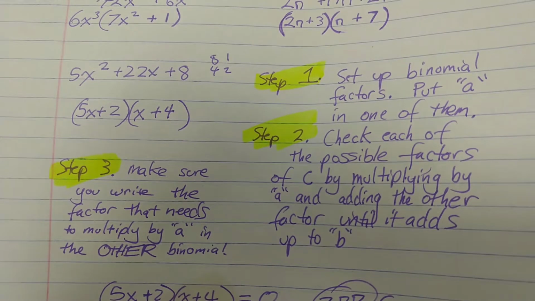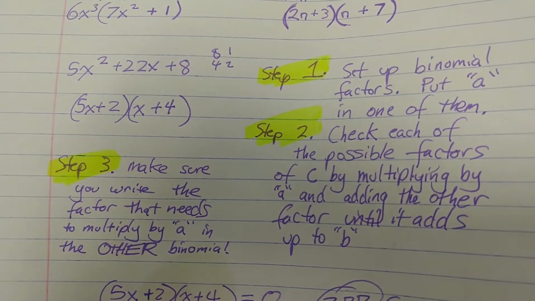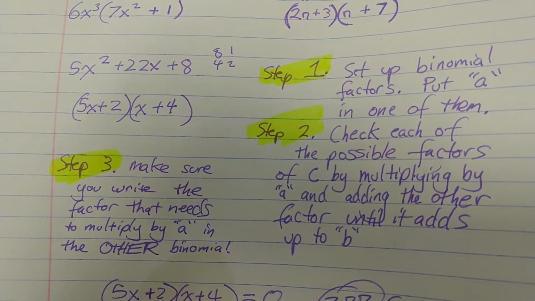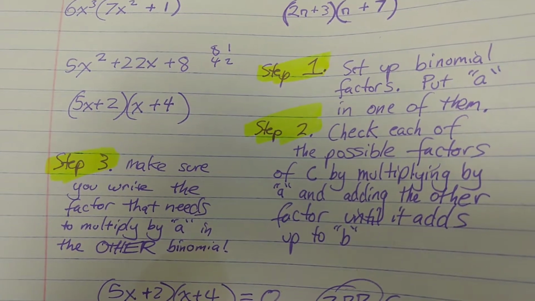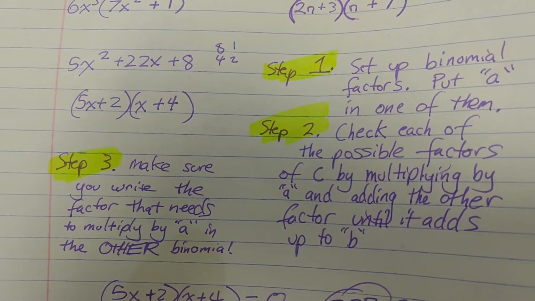Step 3, make sure you write the factor that needs to multiply by a in the other binomial. Make sure that the things that need to multiply will get multiplied before you combine like terms.